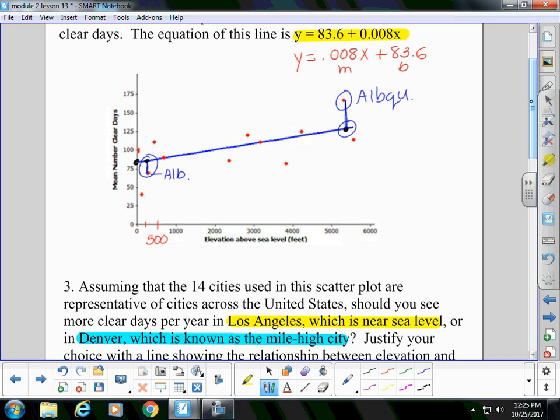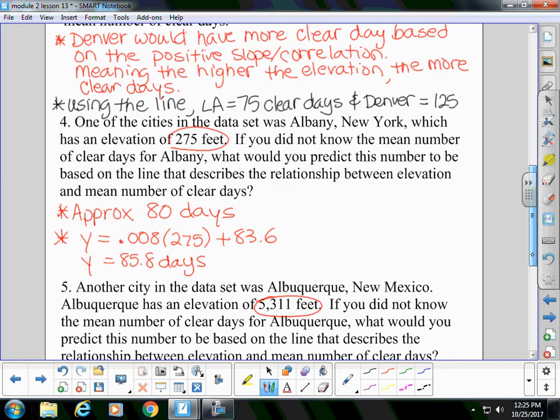If you look at the difference between the point I plotted versus the actual point, look at the difference in those line segments that I just drew. The Albuquerque line segment is a whole lot longer, which is telling us that the line is going to be a lot more off for Albuquerque than it is for the other one?